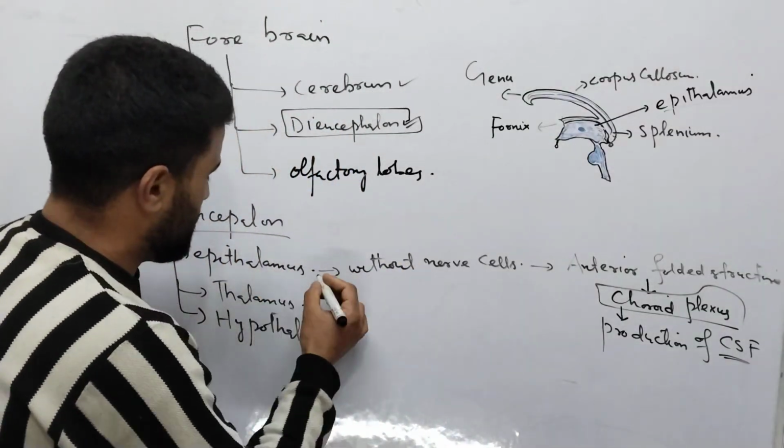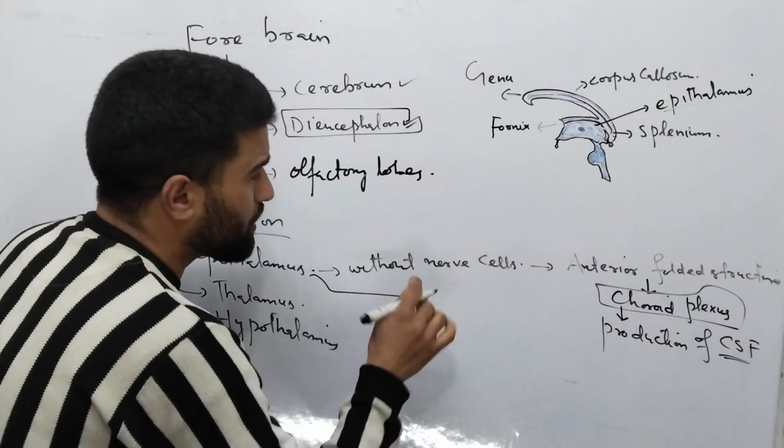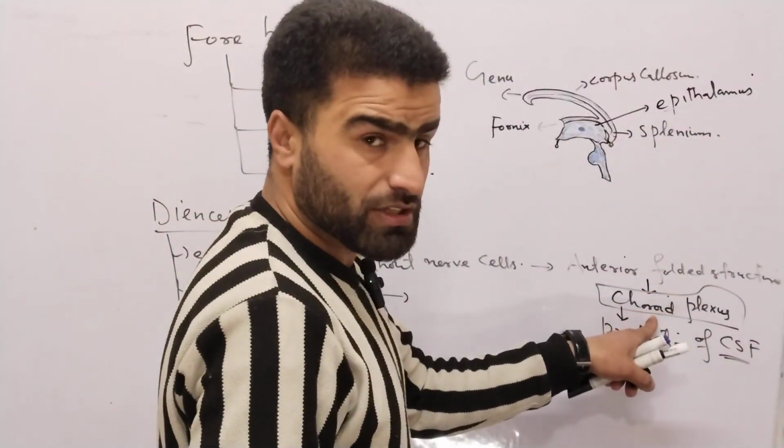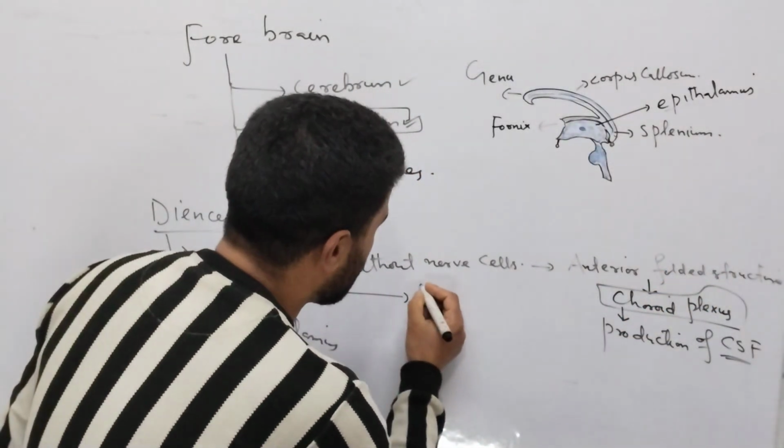Now, this epithalamus has a posterior region and an anterior region that is folded in the form of a structure that forms the choroid plexus.